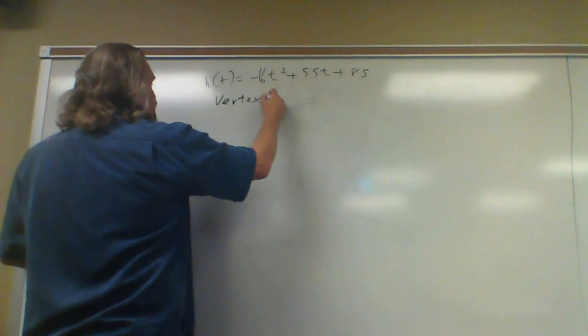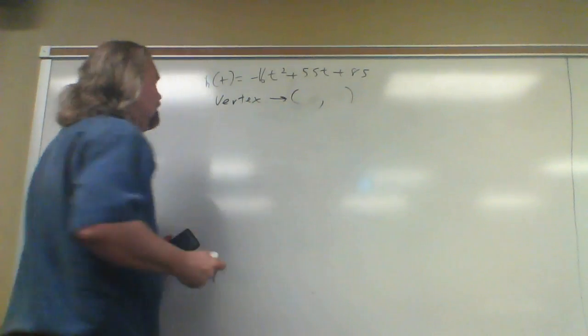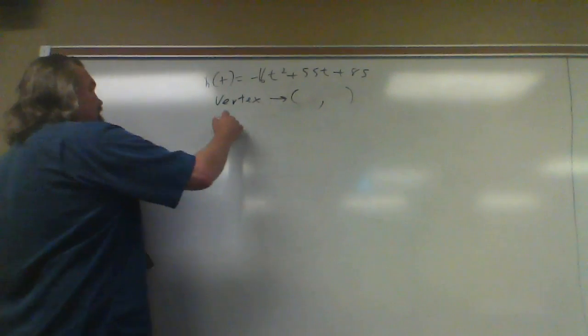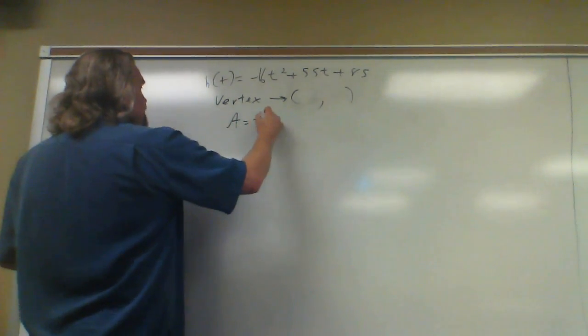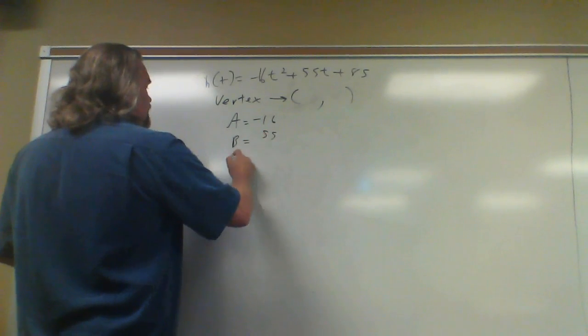So go into your vertex program and let's find the vertex of this problem. So A is negative 16, B is 55, and C is 85.